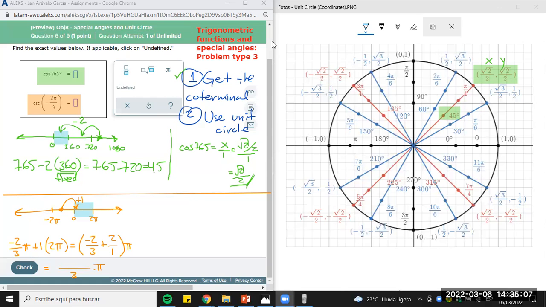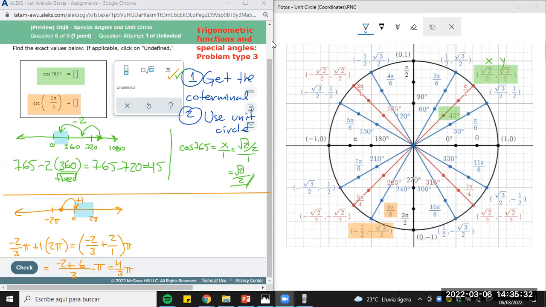In terms of pi, the minus 2 is already in terms of thirds, and to get 2 over 1 in terms of thirds, we need to multiply by 3. Then we get this operation, and we get 4 divided by 3 pi. That is our coterminal angle. We're done with the first step for the second exercise.